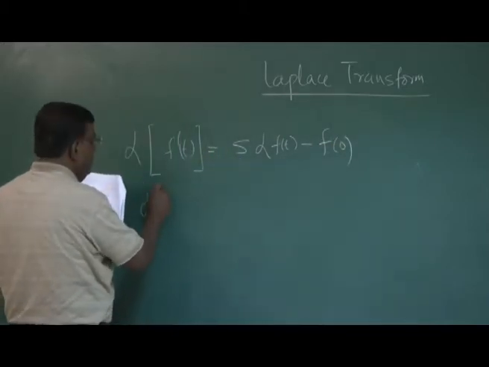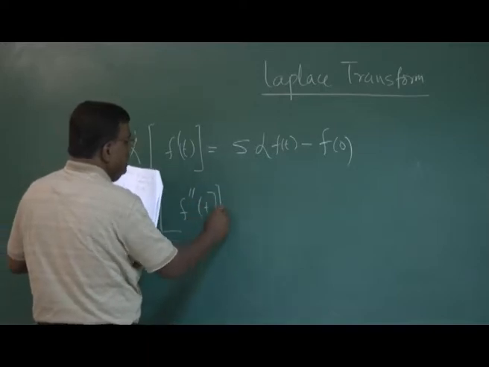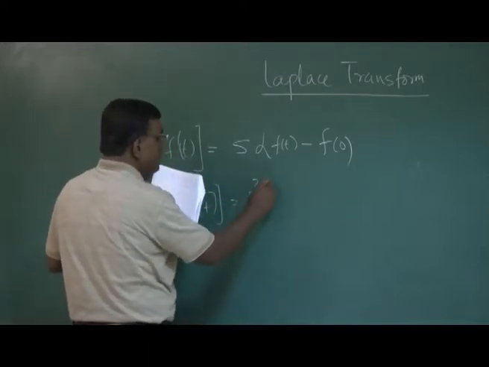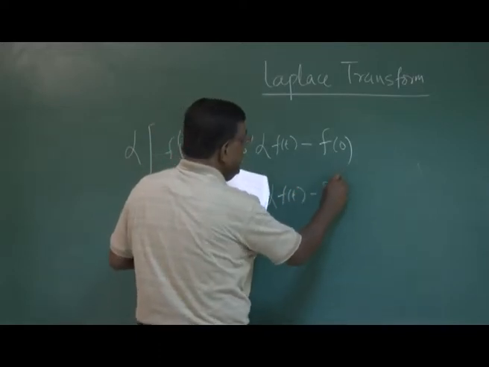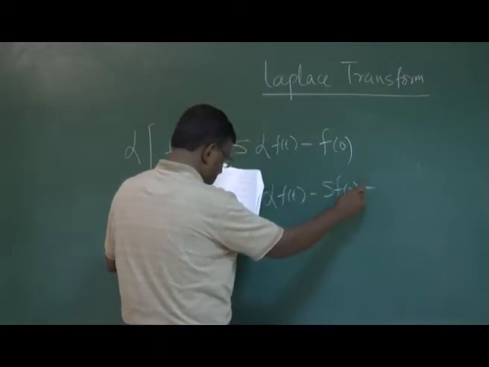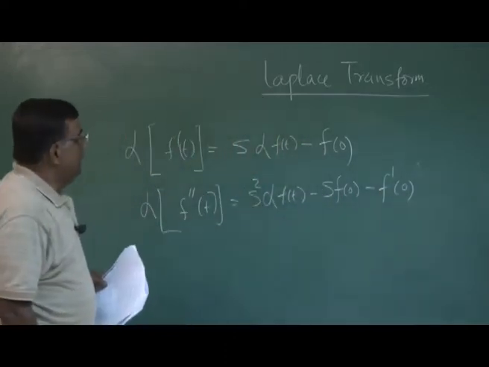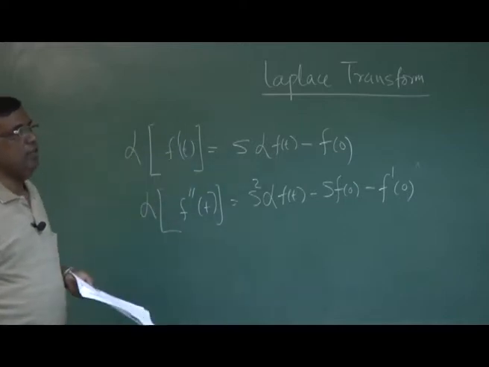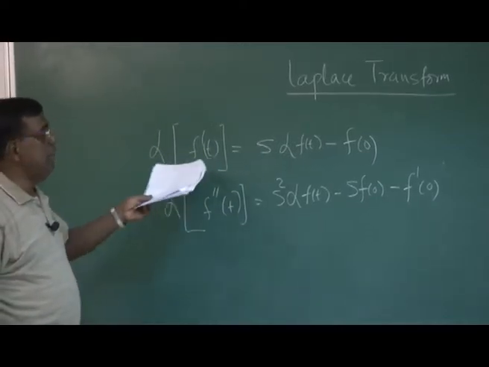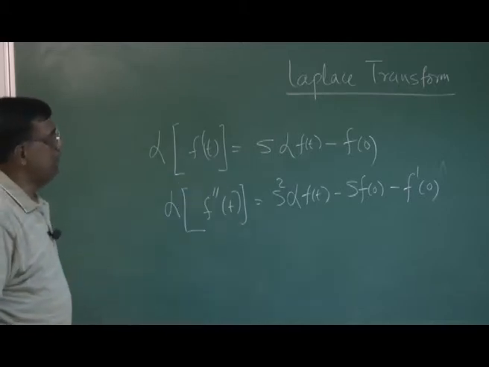Similarly, Laplace of f double prime t is s square Laplace of f of t minus s f of 0 minus f prime 0. Again, I strongly advise you, you can do this by using the definition of the Laplace integral, use integration by parts, and you will get these results.